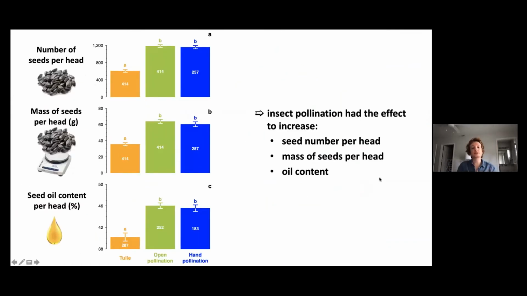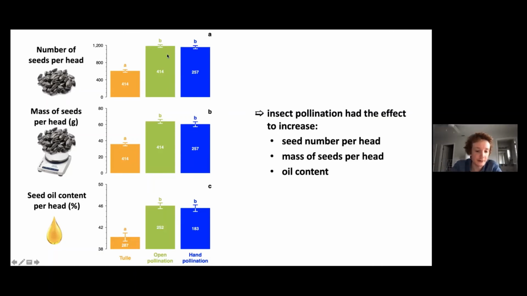But on the other hand, insect pollination had nevertheless an effect on the seed number per head, the mass of seeds per head, and the seed oil content. As we can see here, the yields which were got with the heads that were isolated under tulle bags were lower than with heads which were left in open pollination, and as well lower than the yields that were got with the heads which were hand pollinated.